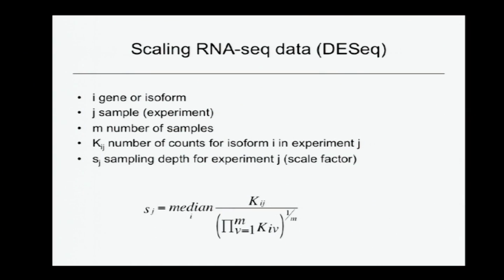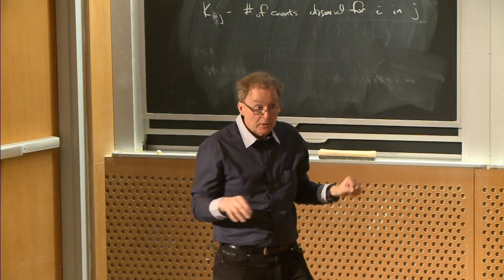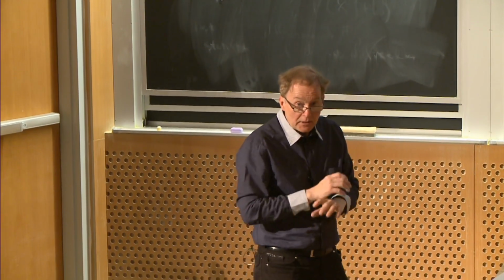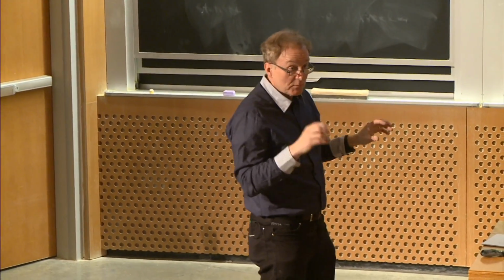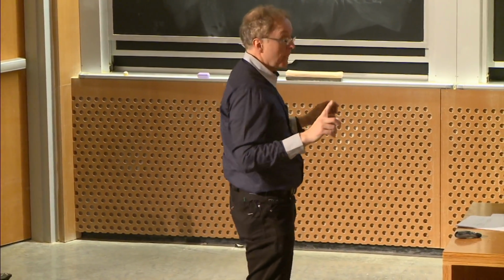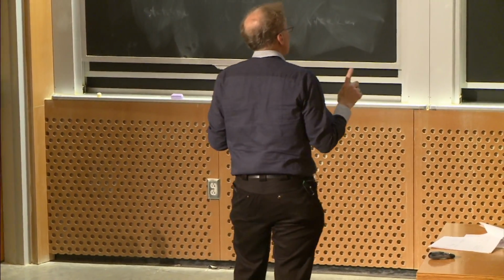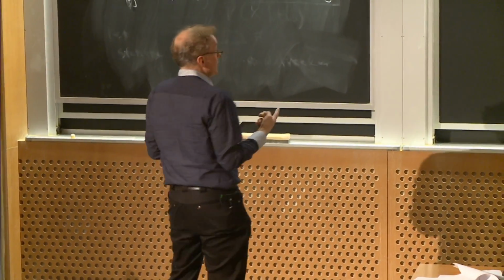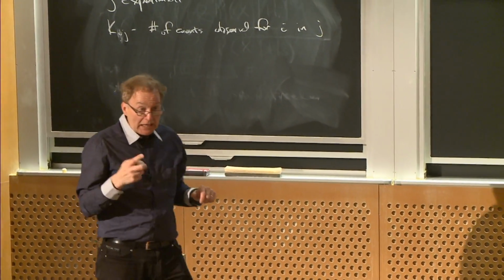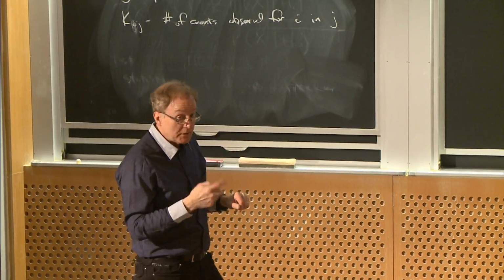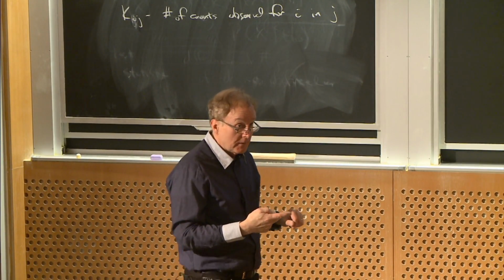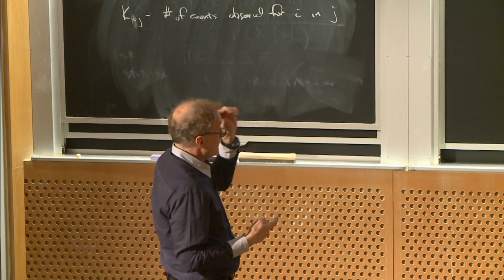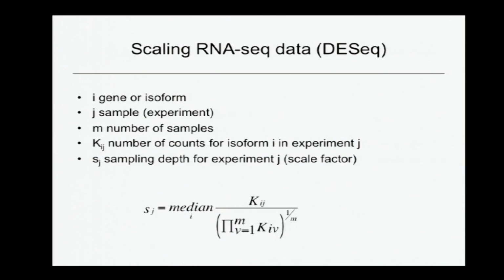And if all the experiments were completely identical, the read depth was identical, and everything was the same, then all of the S sub j's would be 1. If you had an experiment that had exactly twice as many reads as the other experiments, its S sub j would be 2. So this scale factor is used to normalize things in our next slide, as we'll see.